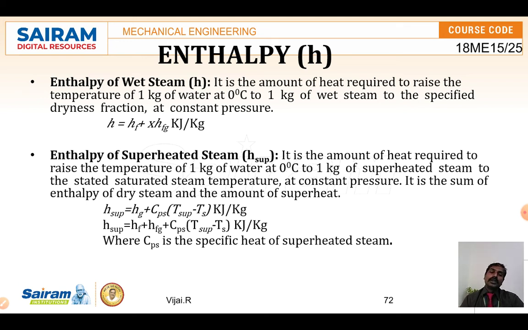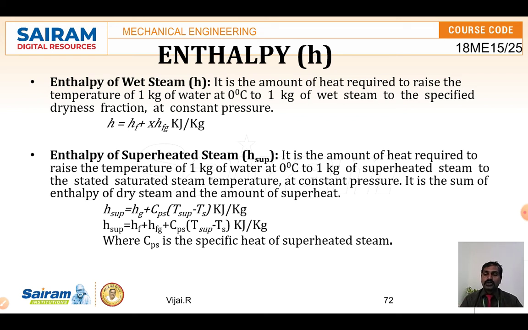Suppose it is superheated, the same thing. If water is at 0 degrees and I am giving heat, the water is converted into wet steam, then goes to dry steam, then to superheated steam. So the conversion takes place in 2 or 3 stages.